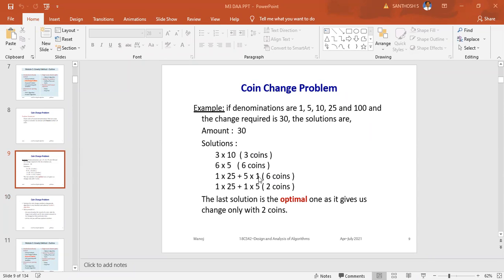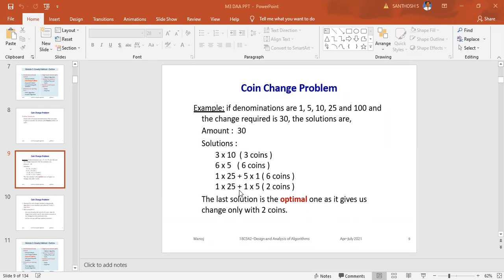If you take 1 rupee, 5 coins and 25 rupees, 1 coin, how many coins do you require? 5 plus 1, that is equal to 6 coins.